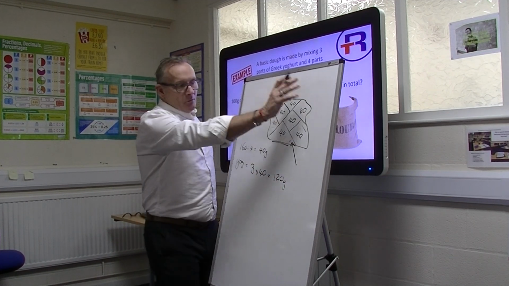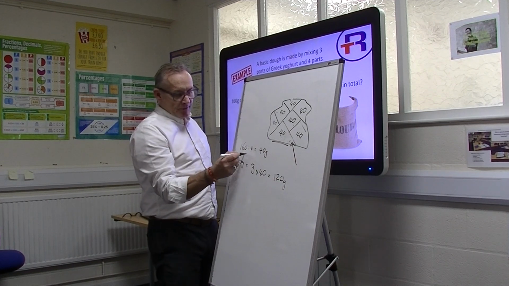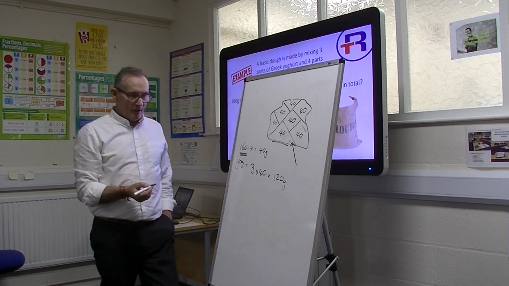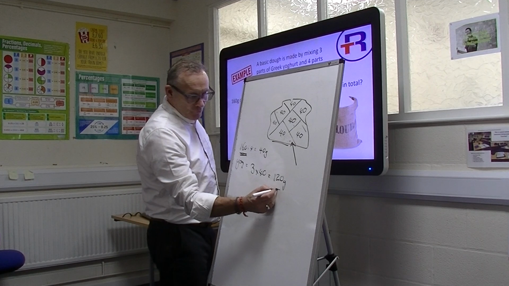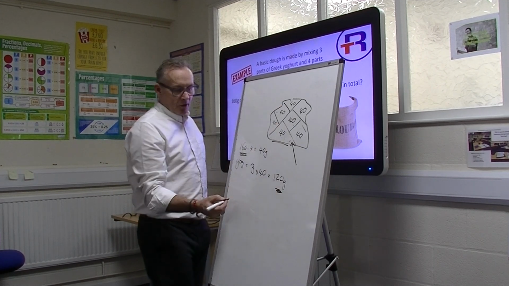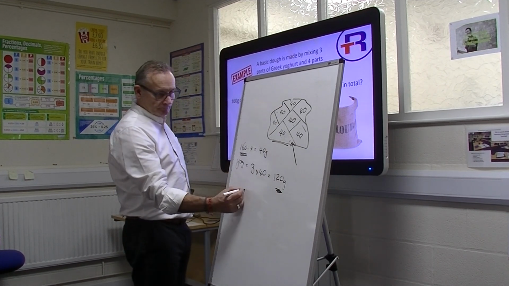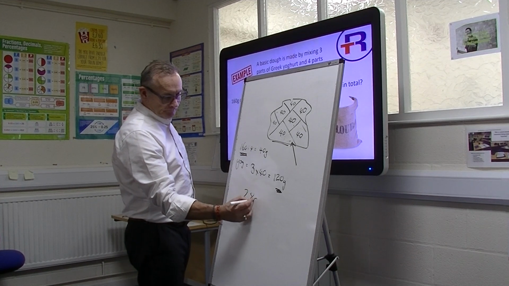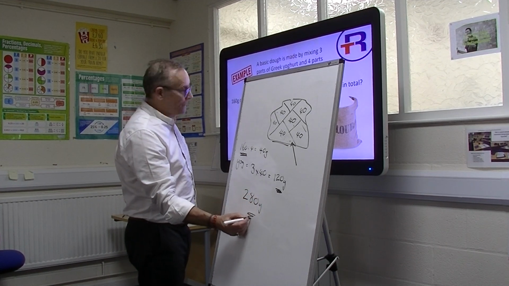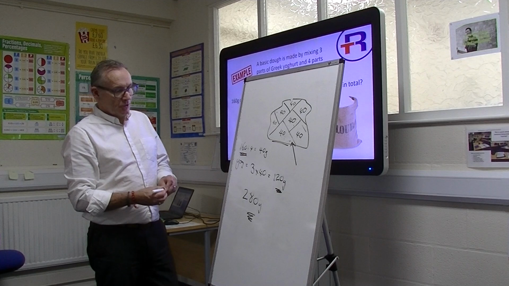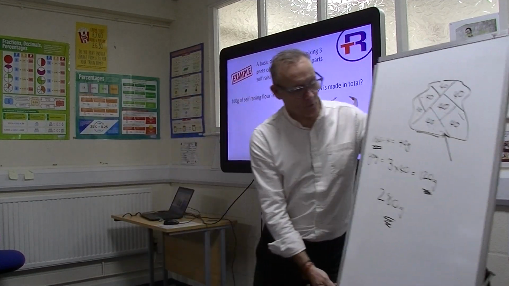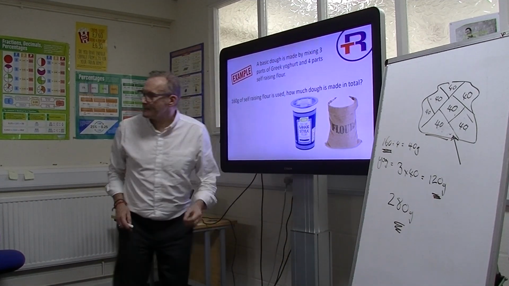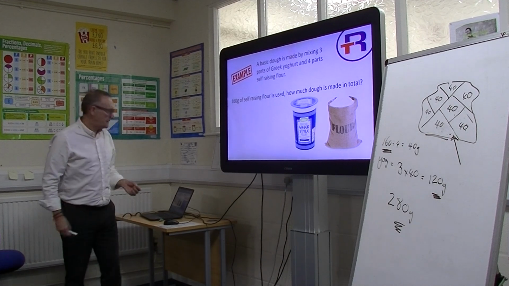So in that dough mix, we used 160 grams of self-raising flour. We used 120 grams of Greek yogurt. So in total, how much dough is made in total? 280 grams. Does that make sense? Yeah, does that make sense?